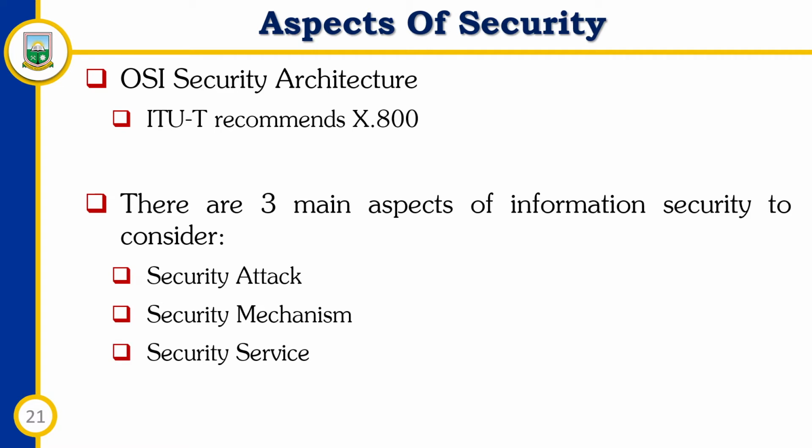Now, in terms of the aspect of security, the X800 data security architecture itself, for the Open System Interconnect, which is the OSI model, I'm believing that in first year you know what OSI model is. Open System Interconnect, where we have all the 7 levels, and I'm sure you are familiar with the acronym.